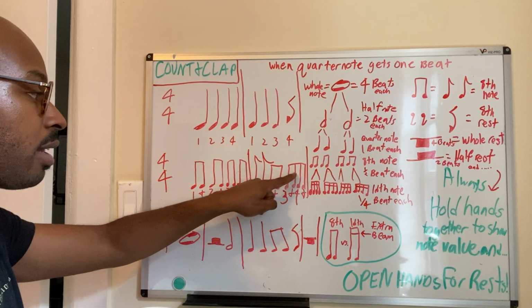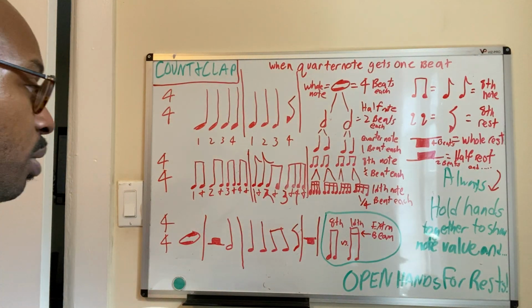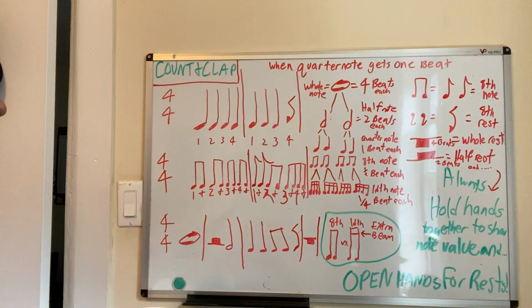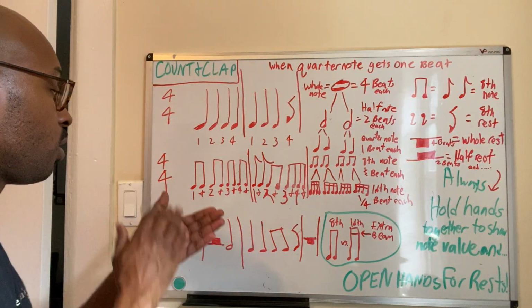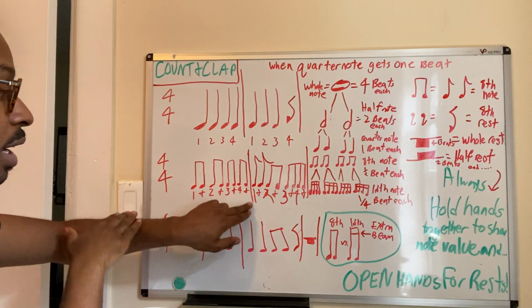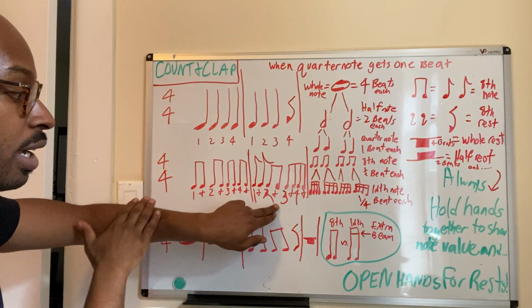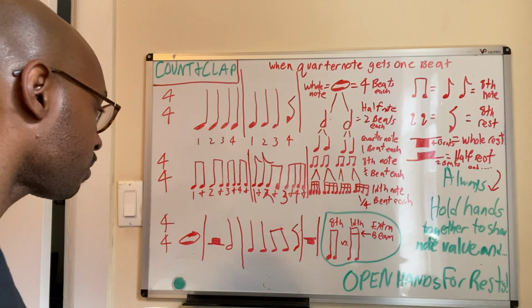These are all eighth notes. So let's count and clap it one more time. 1, 2, ready, play. 1 and 2 and 3 and 4 and 1 and 2 and 3 and 4, and yes.